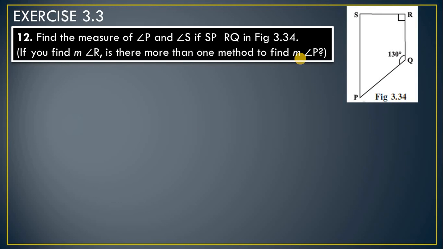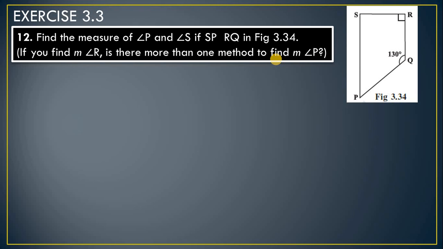Next, the 12th one, where a trapezium is also used. These two sides are parallel, and here this is 90 degree. According to the property of adjacent interior angles, you do 180 minus 90. Here you have to find R, and is there more than one method to find angle P also? We will solve step by step.